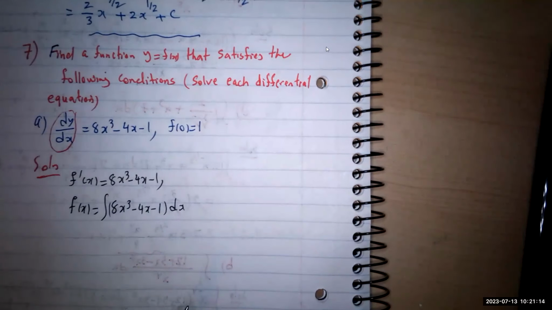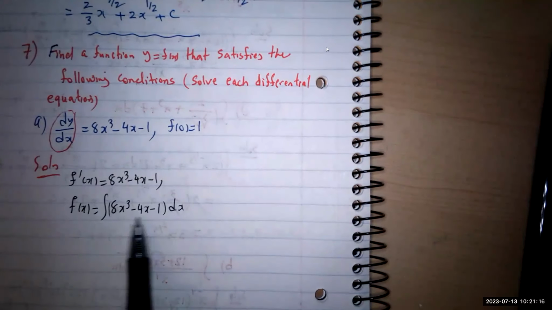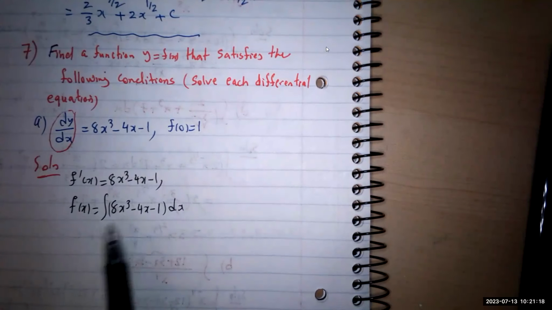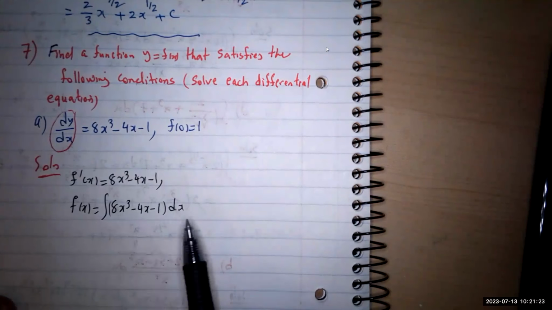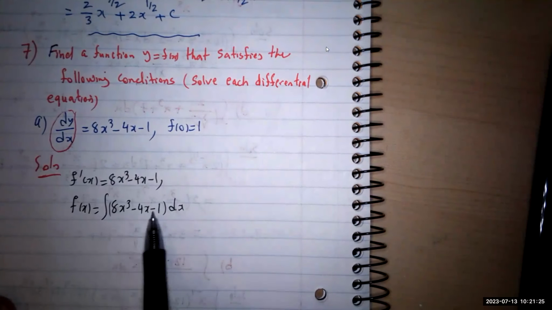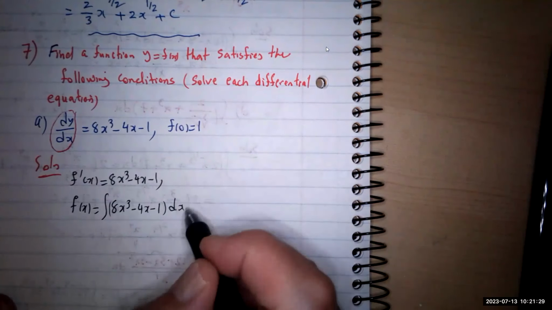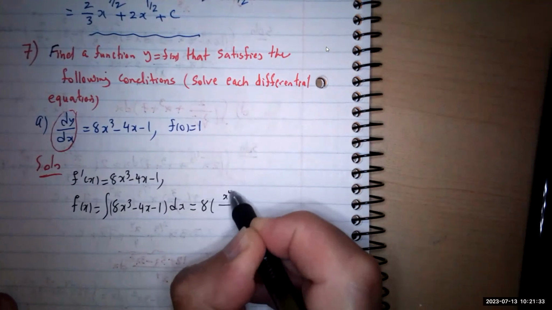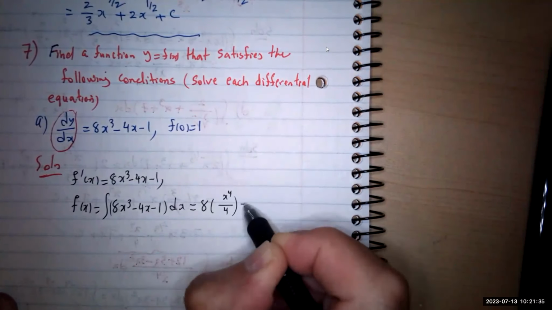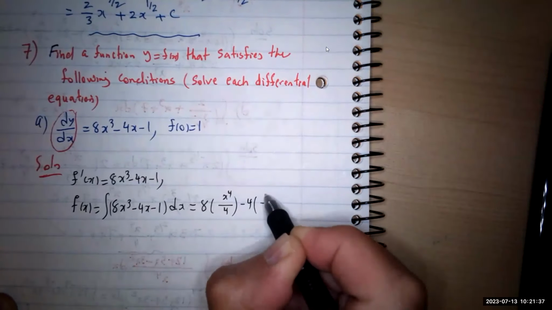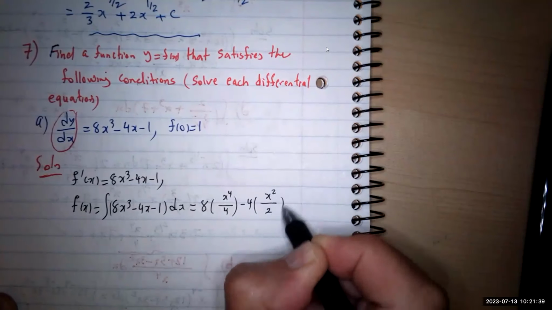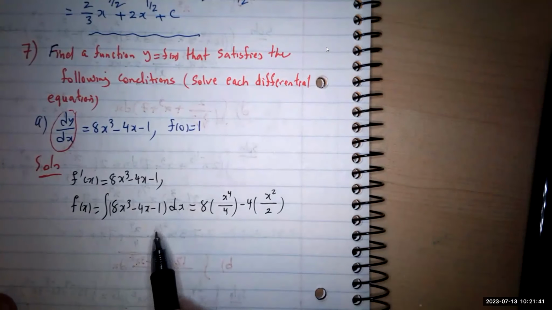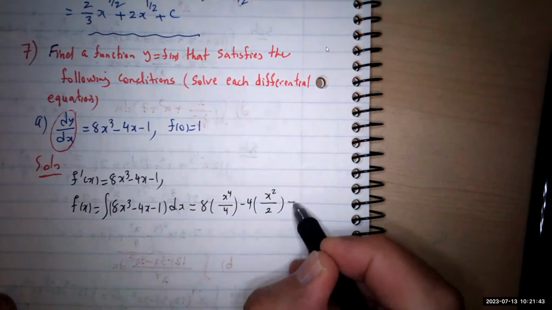So you have to put it into this concept of the integration yourself, according to the definition that we have. The rest are easy. There is no radical, no rational expression, just integrate. 8 is a number, move the power up, x to the 4th over 4. Minus 4, move the power up, x squared over 2. Negative 1 would be negative 1x, which is a negative x.